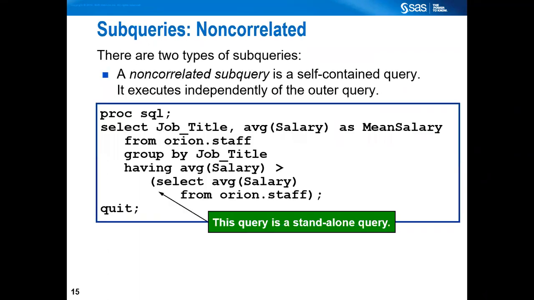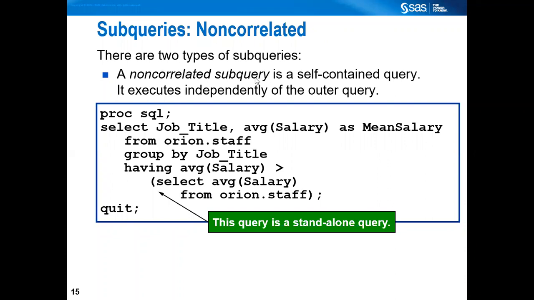There are two types of subqueries. One is called non-correlated subquery and the second is called correlated subquery. Why is it called non-correlated? Because this query executes and returns its value to your outer query. This inner query is not at all dependent on the outer query, hence it's called a non-correlated subquery.